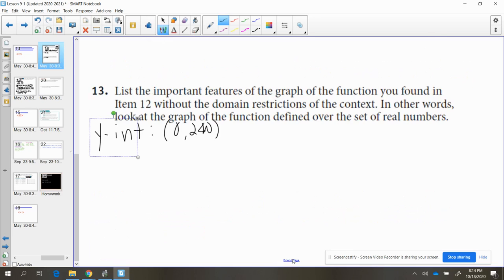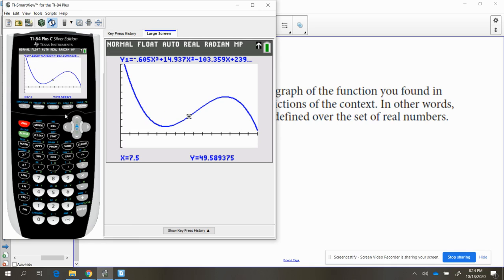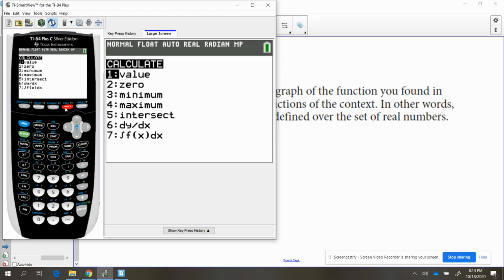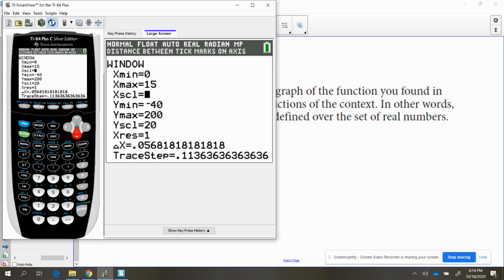Some other important features besides your y-intercept of 0 to 240, you would want to look for any relative maxes or relative mins, which again, you could calculate using the second calc to calculate maxes and mins, similar to how we did before. You're also going to be able to calculate zeros. In this case, we probably would have to extend our graph just a little bit more so we can actually see where it crosses.